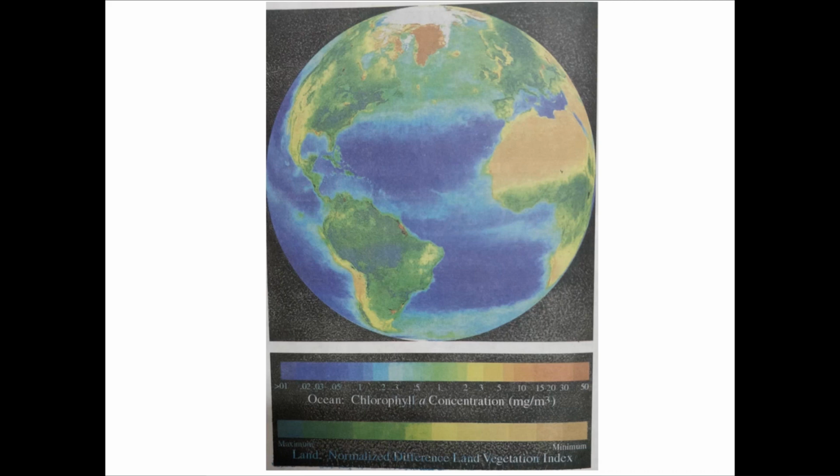Greener means more green land cover, and towards the orange or yellowish color, it is minimum vegetation. So you can see the Sahara desert and all, minimum vegetation. Greenland, you can see minimum vegetation, right? And Brazil area, you can see there is high vegetation, etc.